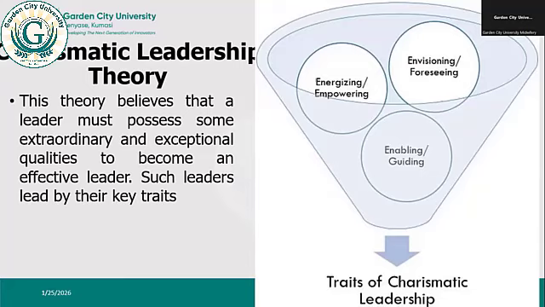Some such leaders lead by their key traits, and one of them is people within your scope. So we say charismatic leadership is a style where leaders use charm, strong communication, and personal magnetism to inspire in a way that also ends up being motivational for their followers.